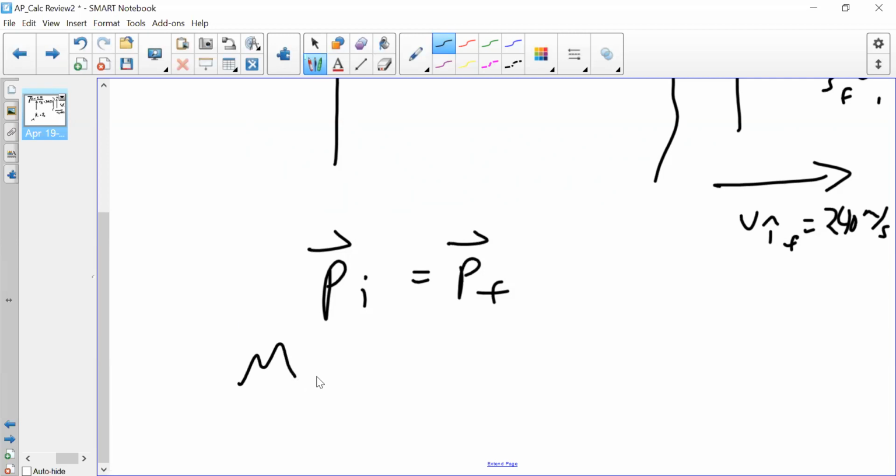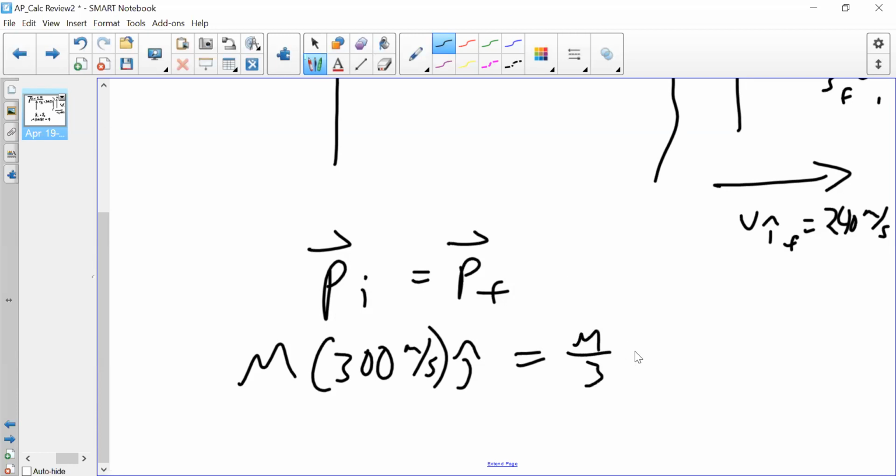In the beginning, it's all one unit, so it's the total mass times 300 J hat, which is initial. And then there are 3 fragments, each the same mass, so it breaks up into thirds. We have one mass that's a third of the original moving east at 240, and then one moving north at 450.